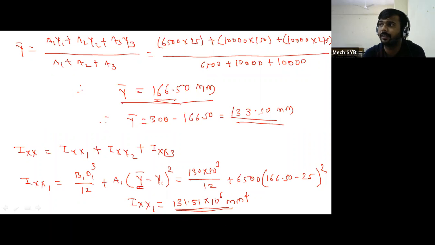So 131.51 into 10 raised to 6 mm raised to 4. Everyone has to send the answers in the chat box. Still many students they are not solving. Send your answers in the chat box. Still only 2 answers I have received.